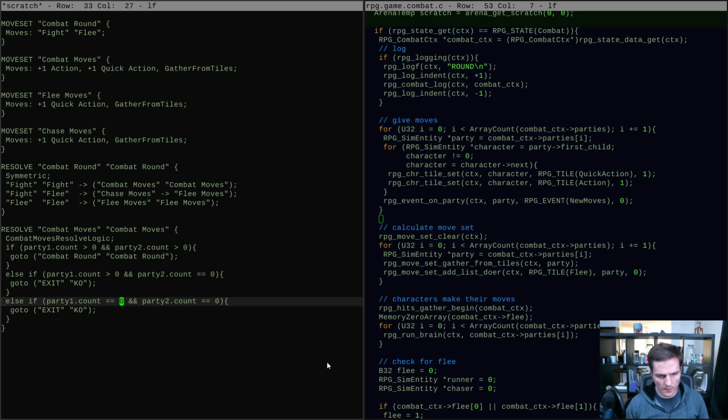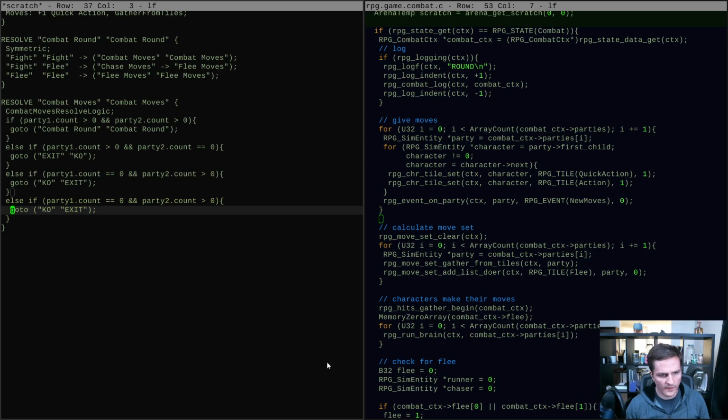If party1.count equals 0 and party2.count is greater than 0, go to KO exit. And finally we go to KO KO when they're both 0.